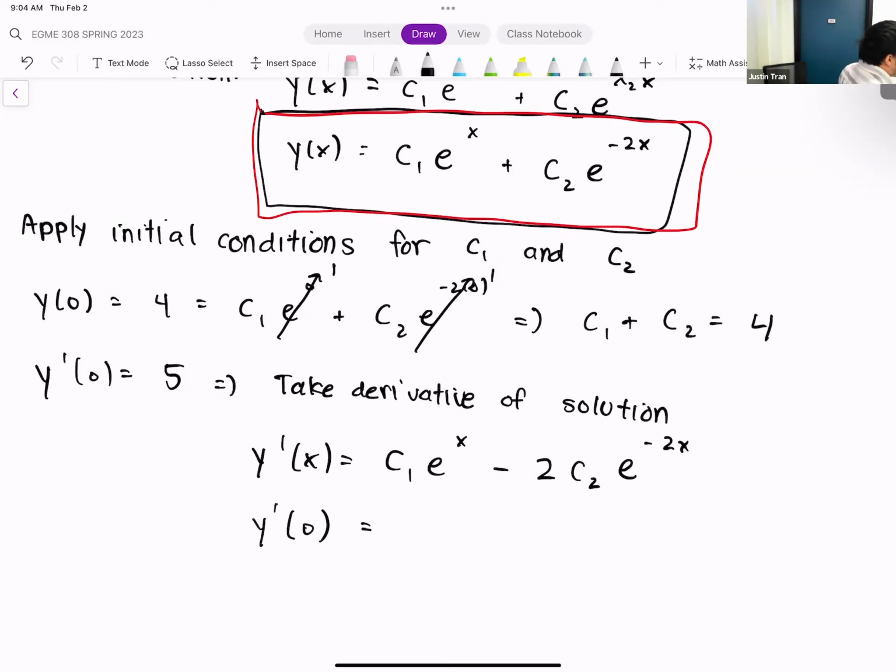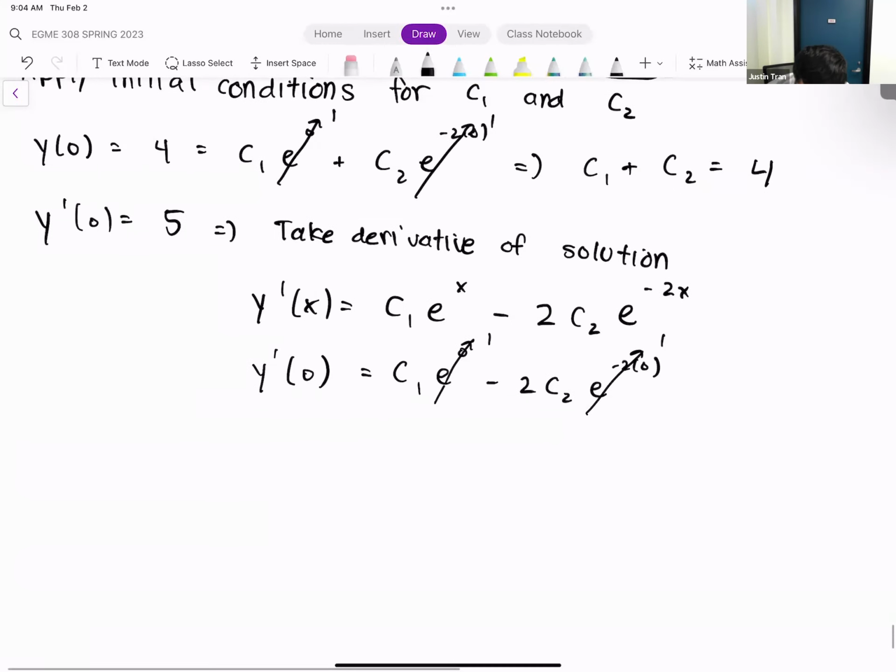So let's go ahead and plug in 0 for this now. So y prime of 0 is C1 e to the 0 minus 2 C2 e to the minus 2 times 0. And so we simplify this, and both the exponentials go to 1. And so this is C1 minus 2 C2.